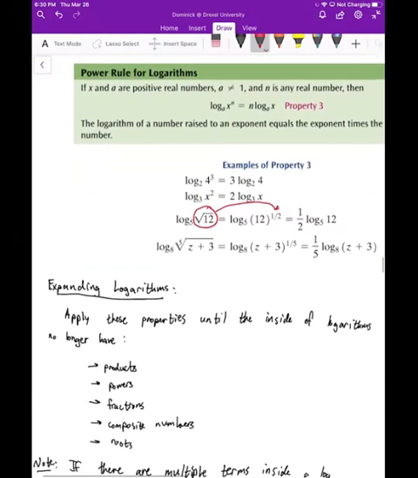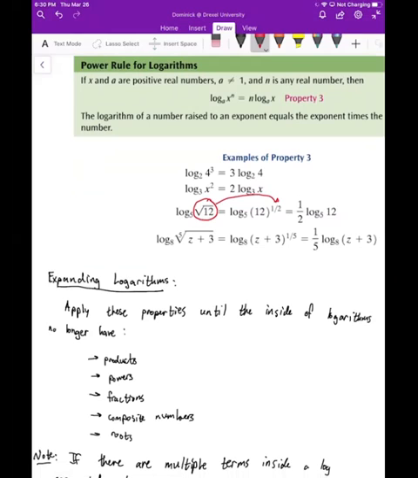Okay, now the reason we have these rules is so that we can expand and later condense logarithms. When we expand logarithms, we want to apply these properties until the insides of the logarithms don't have any products, powers, fractions, any non-prime numbers we would want to separate, and any roots we would want to get rid of as well, as they're really a form of a power.